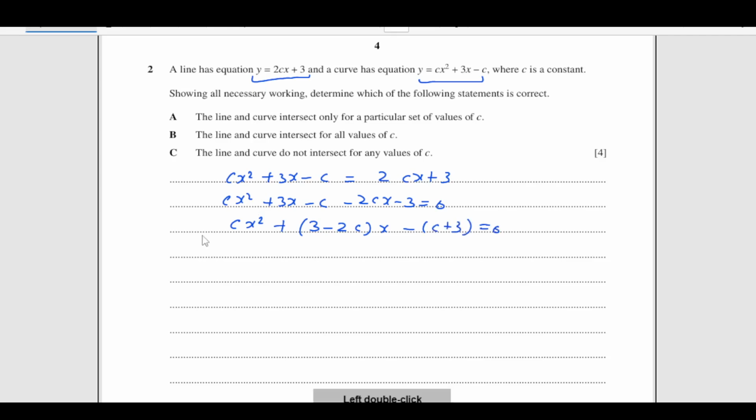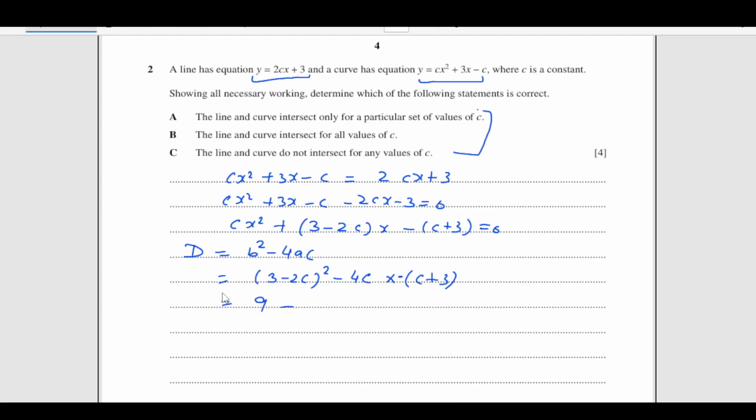Okay, so this is a quadratic in x, so we will find the discriminant, because all these options we are going to decide based upon the discriminant. So the discriminant is b squared minus 4ac. So this gives us (3 minus 2c) squared minus 4 times c times minus (c plus 3).